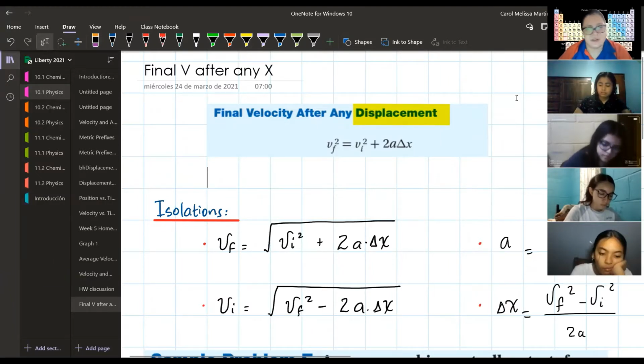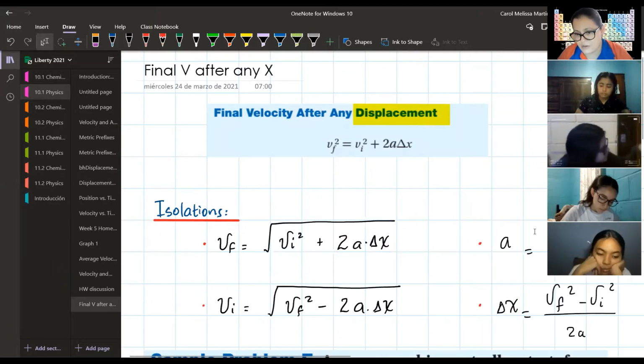Now, sometimes, as you have noticed in physics, you're not going to use the main equation. You have to use some isolations. So here I got ready for you isolations in case you need to find the initial velocity, where the final velocity is given, acceleration is given, or displacement is given.